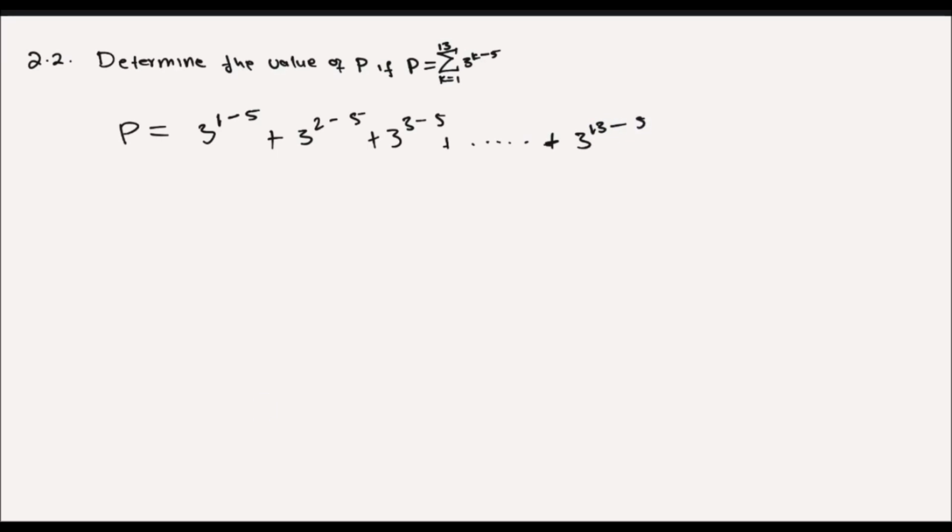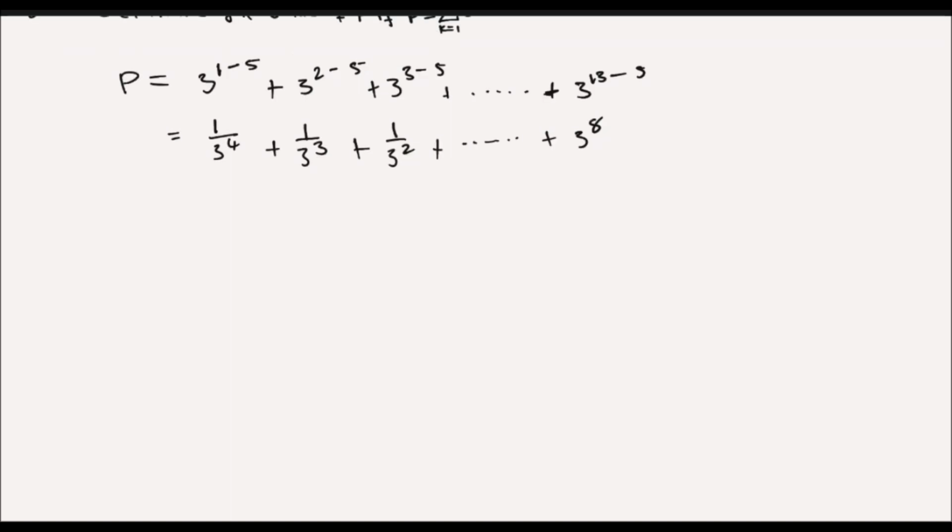All right, let's simplify that, and we get that this is 1 over 3 to the power 4 plus 1 over 3 to the power 3 plus 1 over 3 to the power 2 plus, and so on, plus 3 to the power 8.